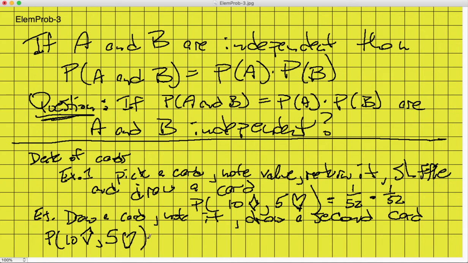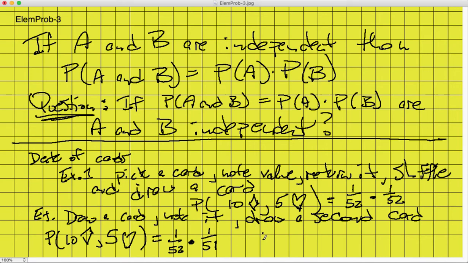And here things are a little bit different, because when I drew the 10 of diamonds, the probability of the 10 of diamonds is 1 over 52. But now I want you to notice that when I go for the second draw, there are only 51 cards left. So this is now going to be times 1 over 51.